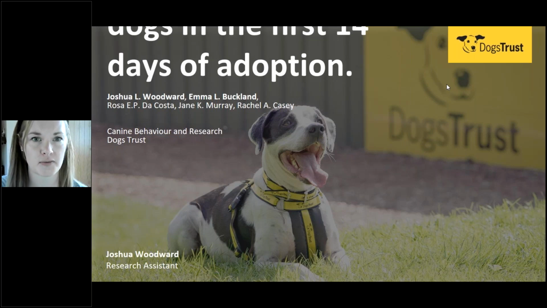If they choose to have the advice from Dogs Trust, we do record that information in a separate support system. We didn't analyse that in this preliminary work that we're presenting, but it's something that we can look for in the future, whether they received advice from Dogs Trust and then whether they reported it a second time.